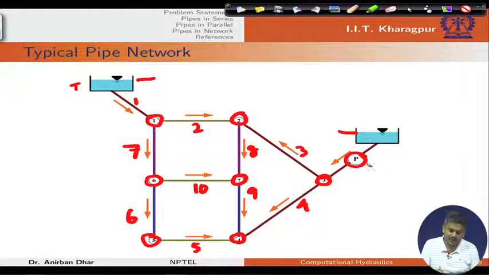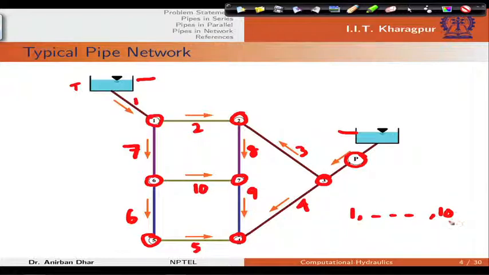From this pump again we will get one discharge condition. So, if we consider this problem, we need to find out 10 discharge values starting from 1 to 10. An additional discharge is required for this pump or P.